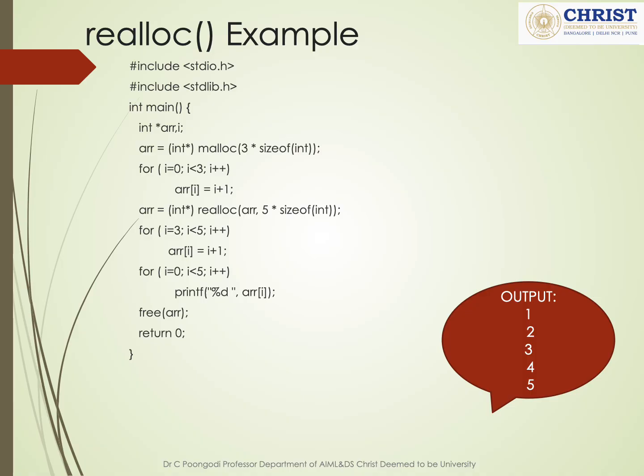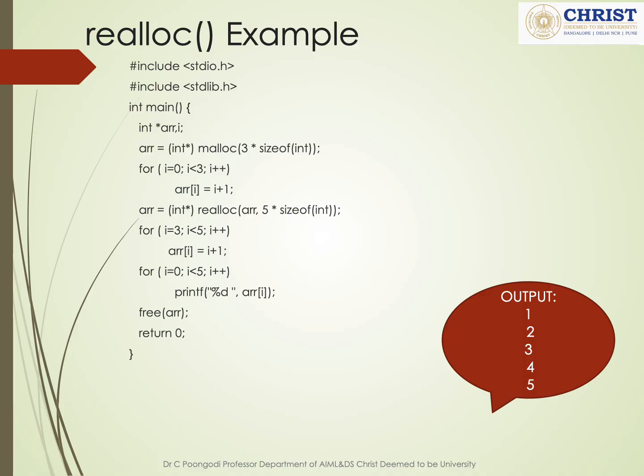After that I want to extend it to 5 elements, so here I am going to use realloc. Now I am extending the pointer arr to a total of 5 times size of integer, so 10 bytes. Now the memory is reallocated for arr with 10 bytes.